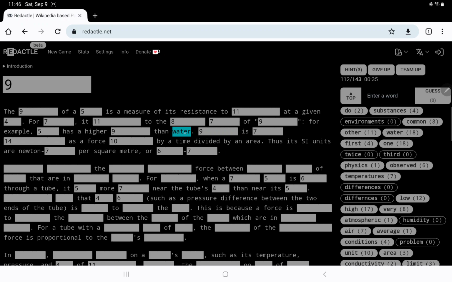Oh, okay, we got one of those 5-letter words. 5 has a higher resistance to something at a given. Hmm.